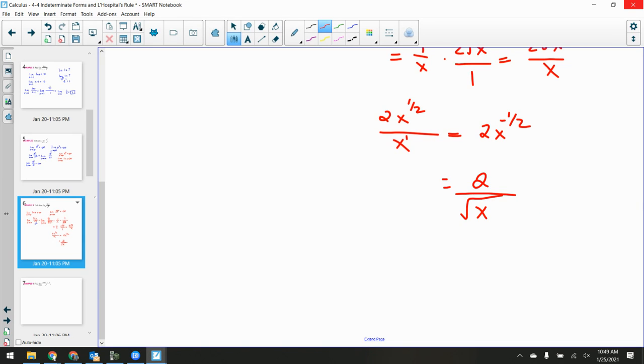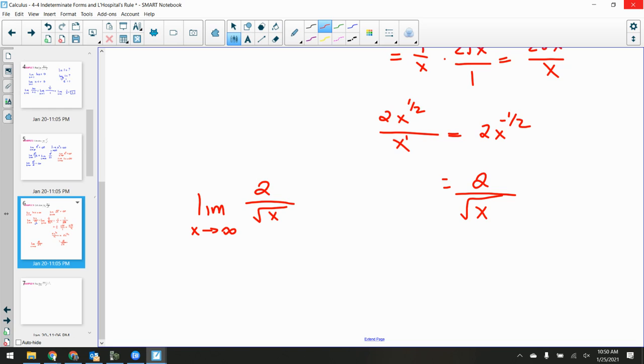And then do we put the infinity in? Well, and now we evaluate the limit. Now what happens when we evaluate that limit? It keeps getting smaller and smaller, right?